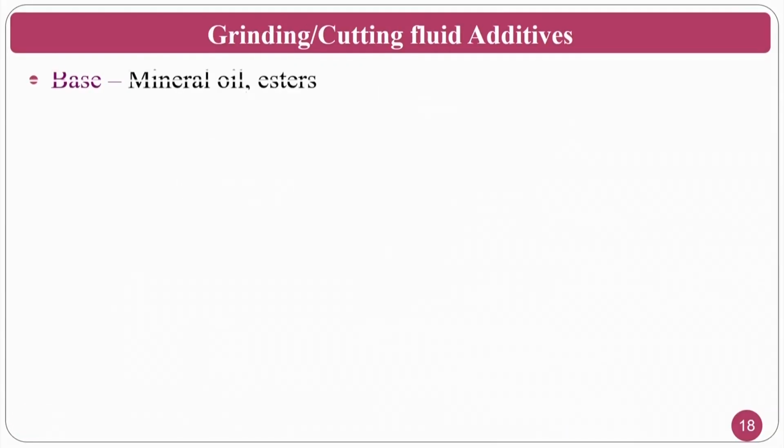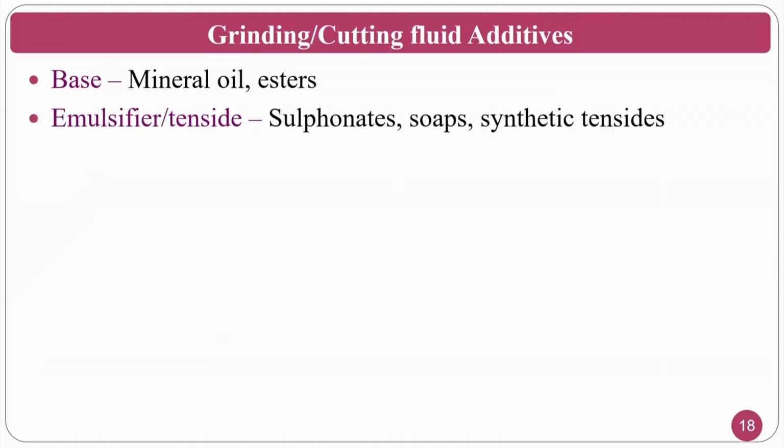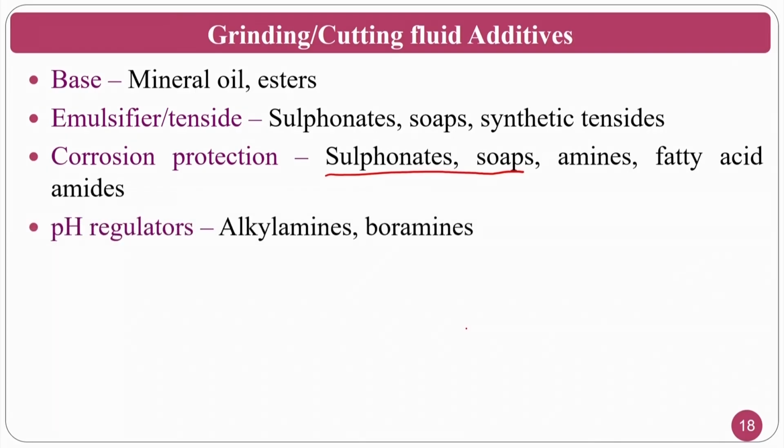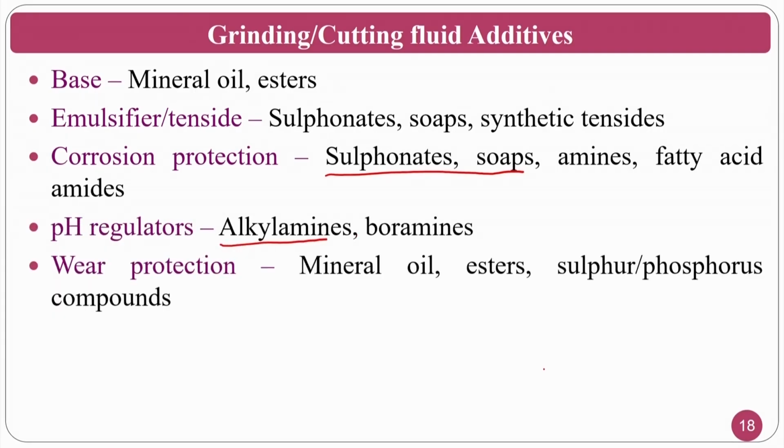The grinding fluid additives: the base is basically mineral oils. Emulsifiers are normally sulfonates, soaps, synthetic tensides and all those things. For corrosion protection, you can use sulfonates or soaps. For pH regulators, alkanolamines will be used, and for wear protection, mineral oil, esters, sulfur and other compounds you can use.